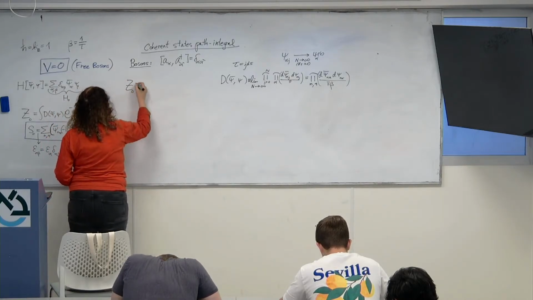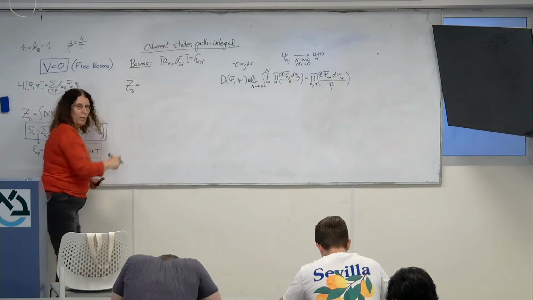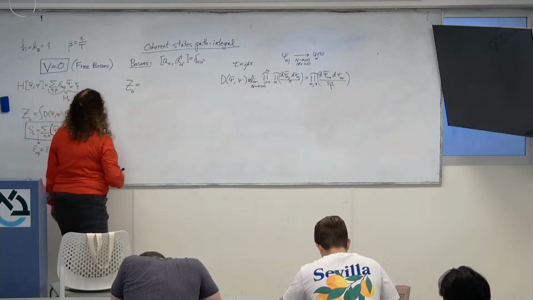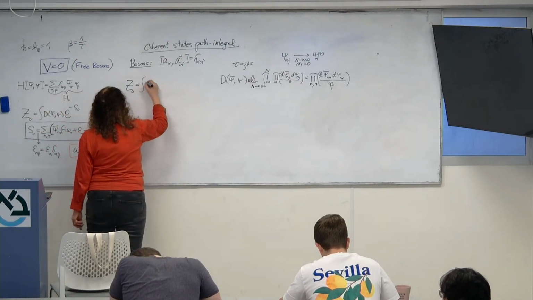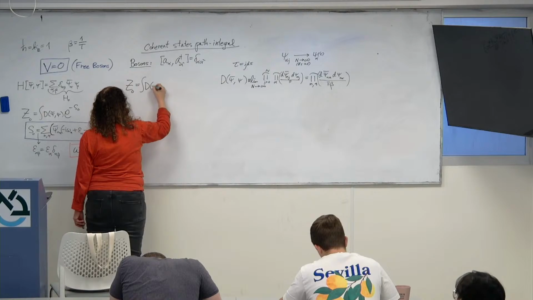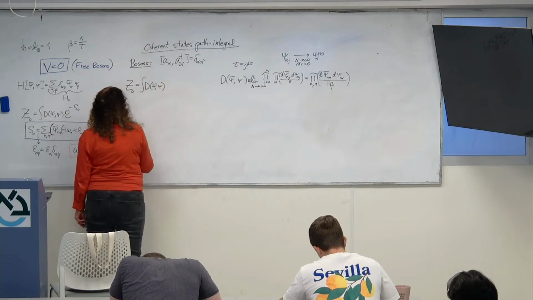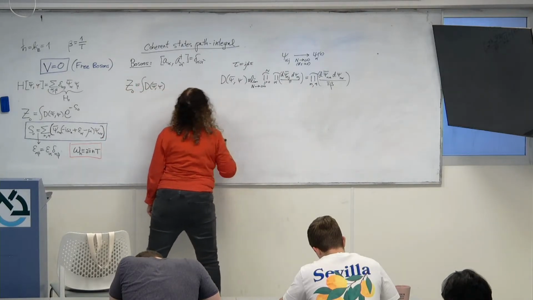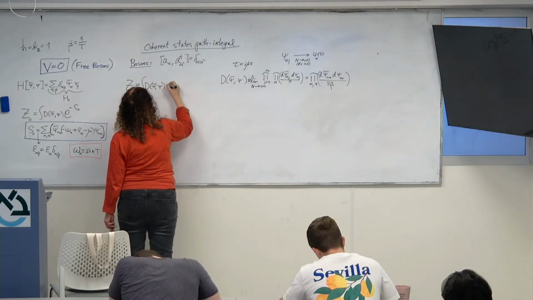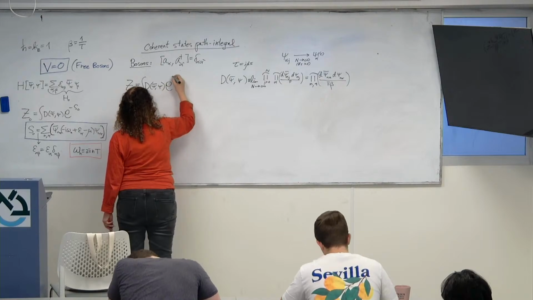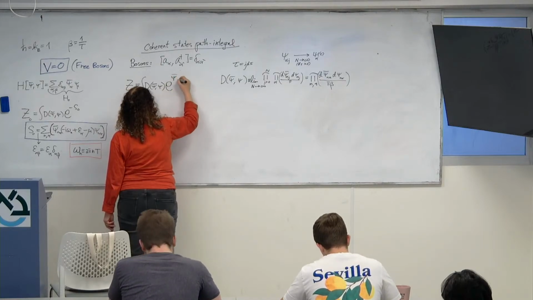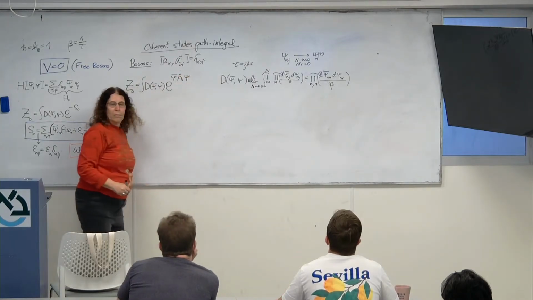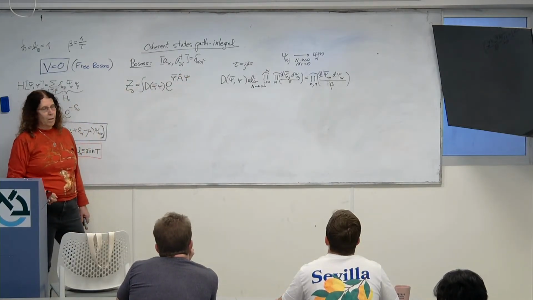So Z naught, which is my notation for a free particle, can schematically be expressed as a path integral with this notation of something that I can schematically write as psi bar A psi.